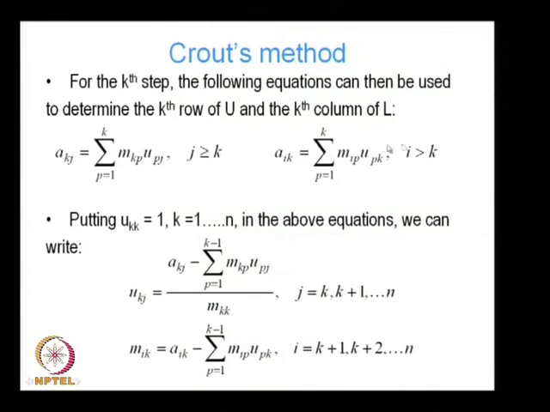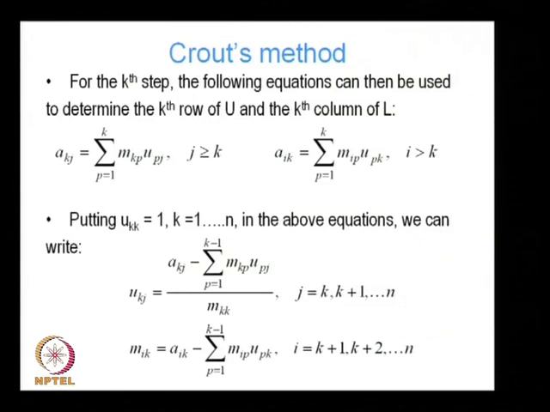Similarly, a_ik I can obtain from the previous equation, but now I am trying to find the kth column of L, and because of that i is greater than k. So, I am using the same equation as before, except that the limit of the sum is now k.